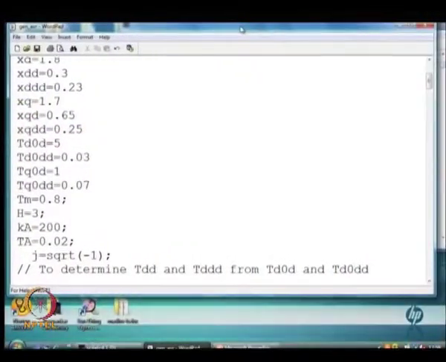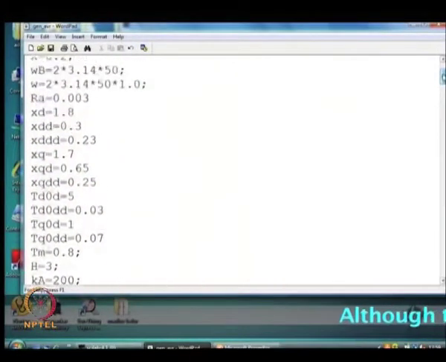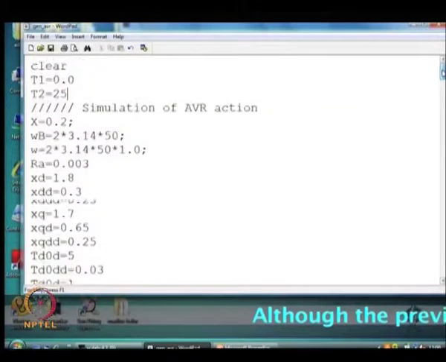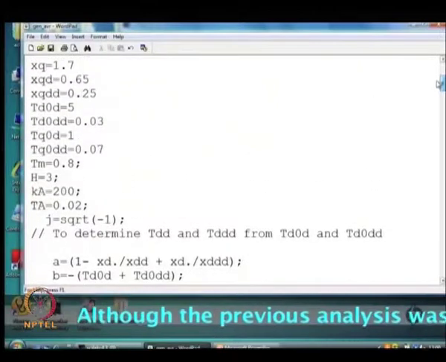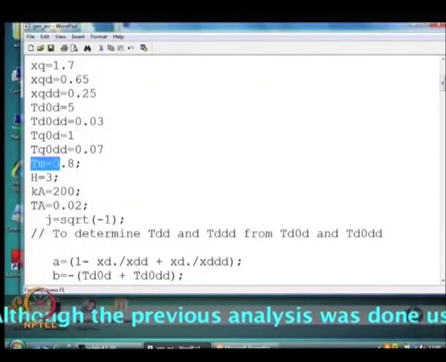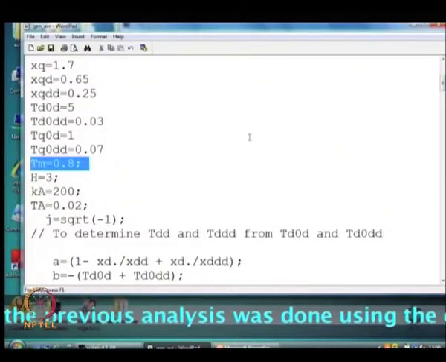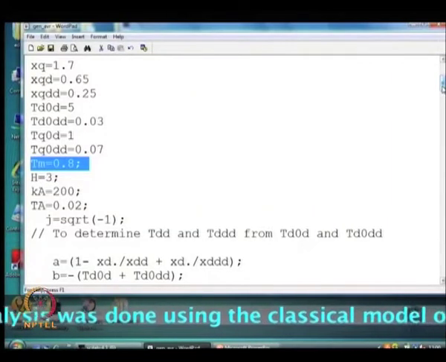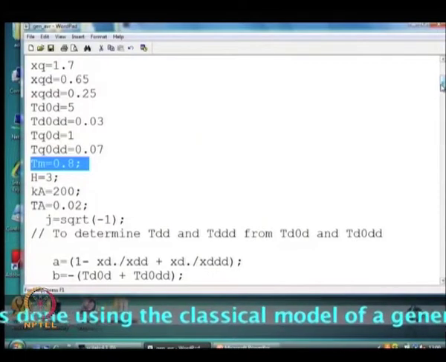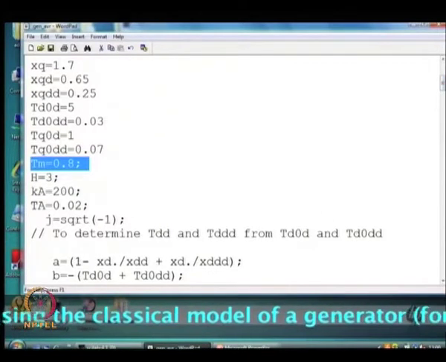So, all that I have to do to demonstrate this to you is take our simulation program. This is our simulation program. I will just go through it slowly. We had seen that for Tm equal to 0.8, if you gave a small disturbance in Vref at time t equal to 5 seconds, a small pulse change, the system was not stable.